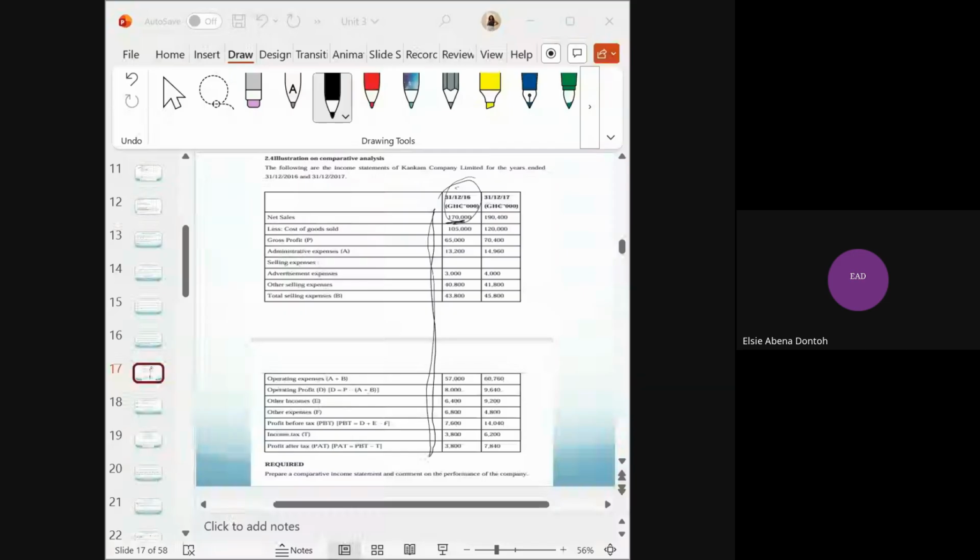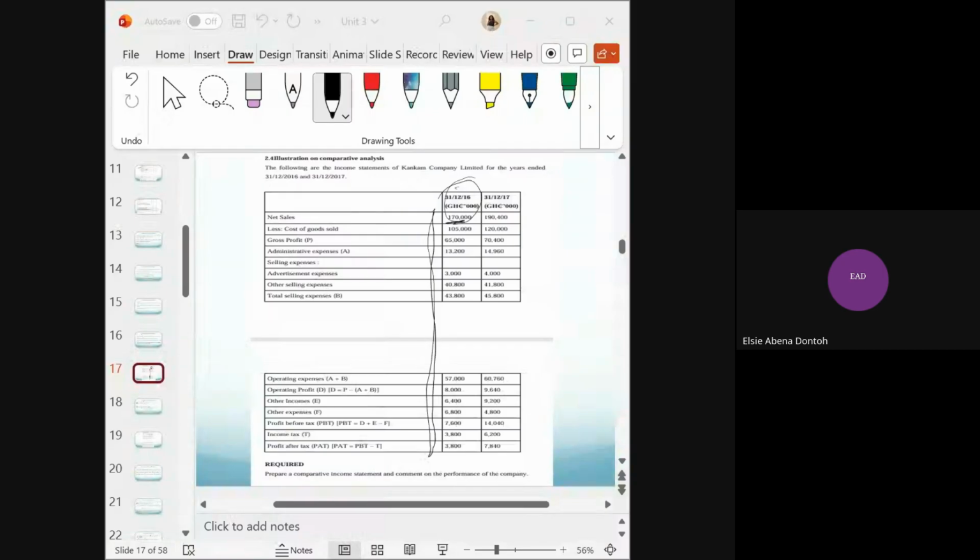There's 100% increment, but when you look at it practically, you can see that it has just increased by 100 cedis. But let's assume that the sales was maybe 105,000 cedis, and then it increased to 200,000 cedis. What would be the percentage change? Let's assume the percentage change is say 20%.